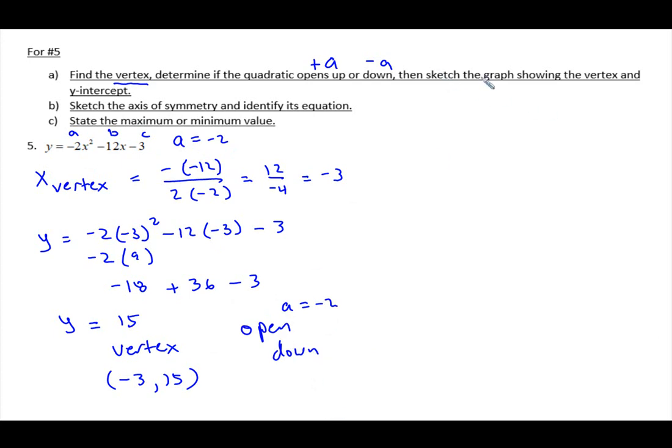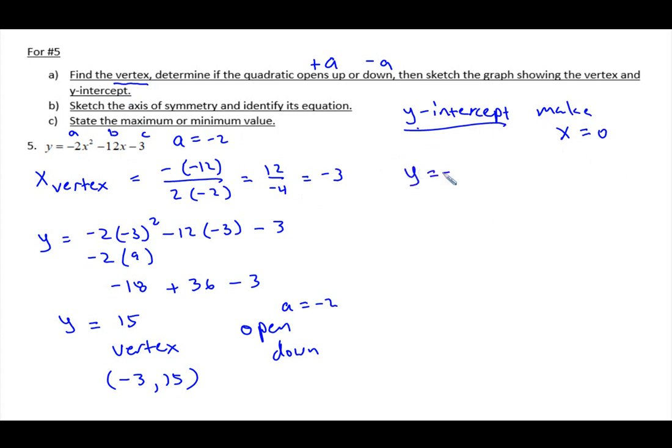And then now they want us to sketch the quadratic, and we need to show the vertex and the y-intercept. Okay, so to find the y-intercept of the quadratic, you have to remember you're going to make x equal to 0. So you just plug 0 in for x in the problem.